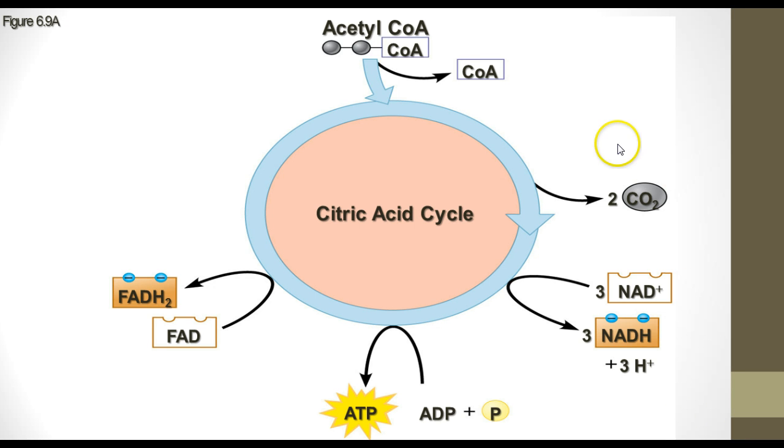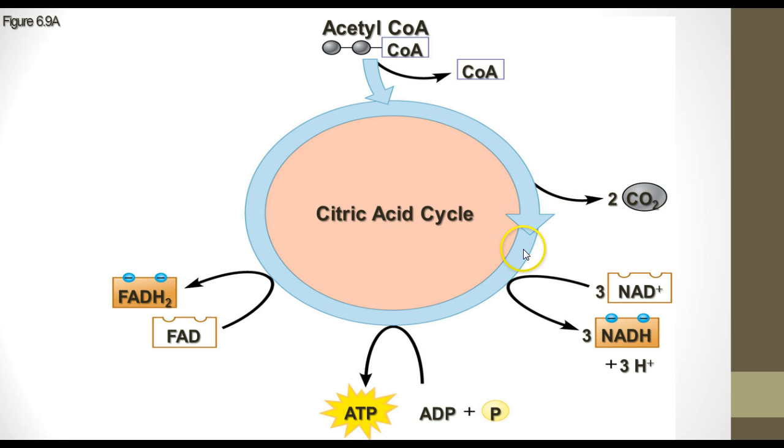Here's the process. Acetyl-CoA delivers this 2 carbon molecule to the citric acid cycle. This is added to a 4 carbon compound that is already present there and undergoes a series of changes. In the process of those changes, each one of these carbons with 2 oxygens is peeled off of the molecule and released as a waste product.